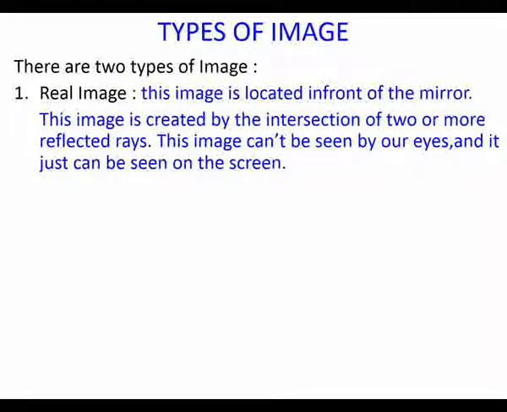The first image is real image. This image is located in front of the mirror. This image is created by the intersection of two or more reflected rays. This image can't be seen by our eyes. It just can be seen on the screen. Or we can say this image is caught by the screen.